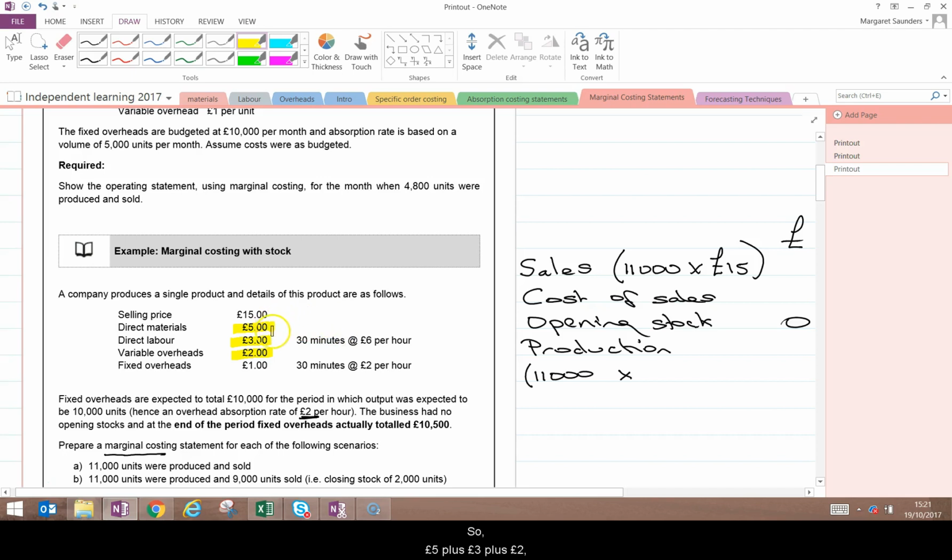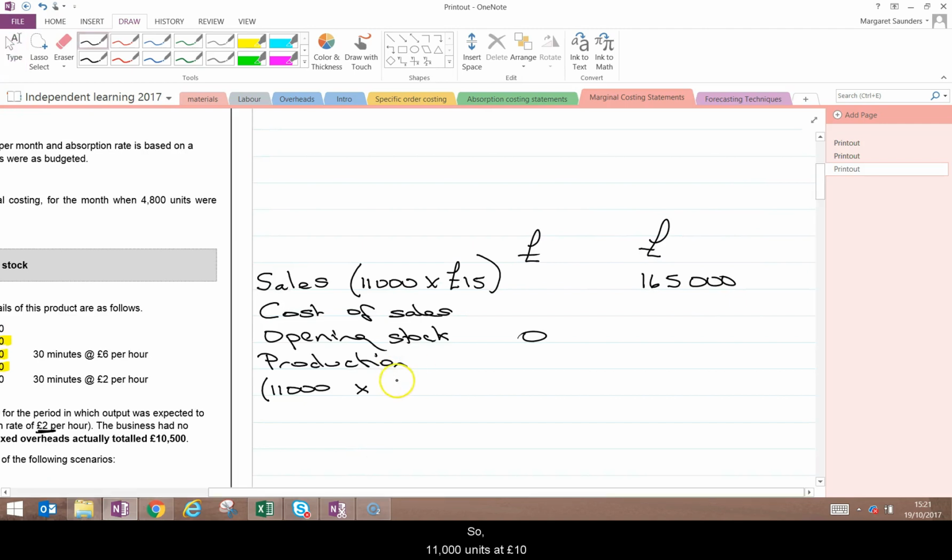So £5 plus £3 plus £2 gives us a production cost of £10 a unit. So 11,000 units at £10 gives us £110,000. We now deduct the closing stock.